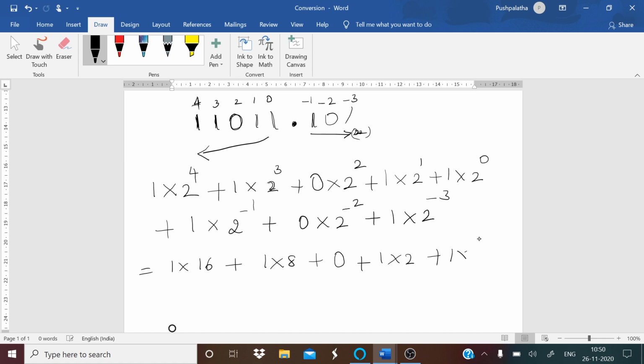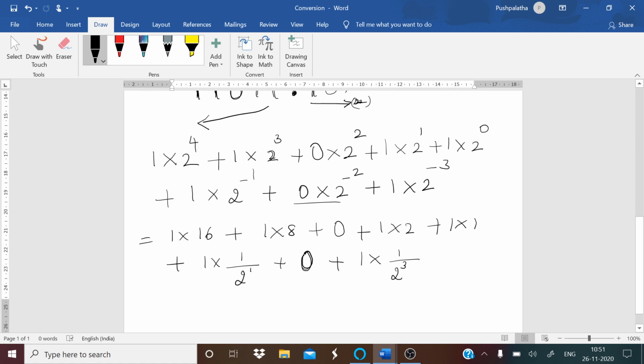Then again 1 into 2 to the power of 0; any number raised to the power of 0 is 1. So 1, plus 1 into 1 divided by 2 to the power of 1, plus 0, plus 1 into 1 divided by 2 to the power of 3. Minus 3 becomes plus 3 because you have written it in a fractional format.